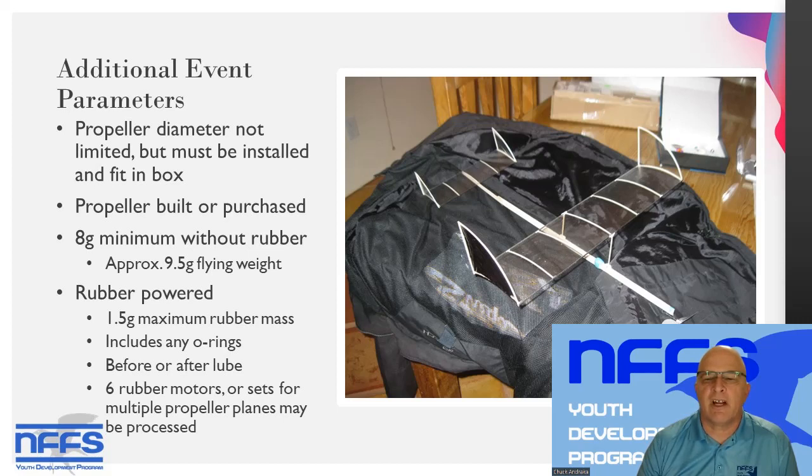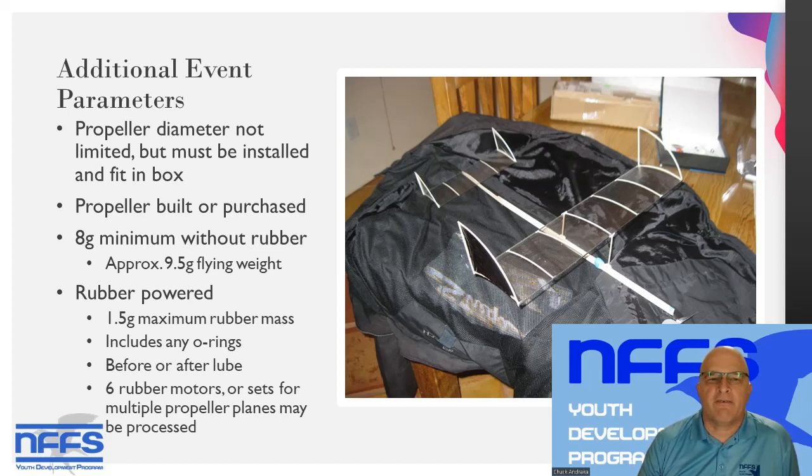Many kits use the Icara props, usually a 9.5 inch propeller. The plane must weigh a minimum of 8 grams without rubber, and this is fairly easy to reach. And so with the rubber motor, it's about a 9.5 gram flying weight.